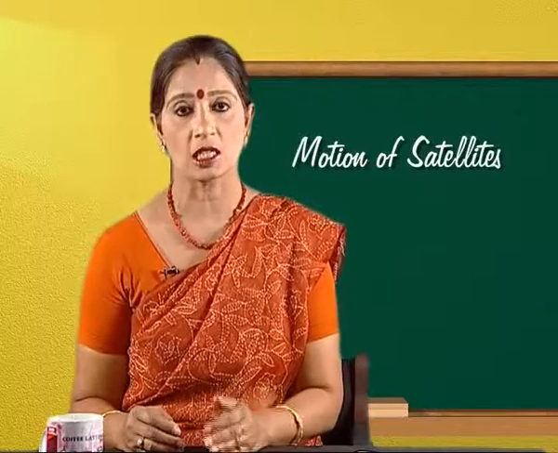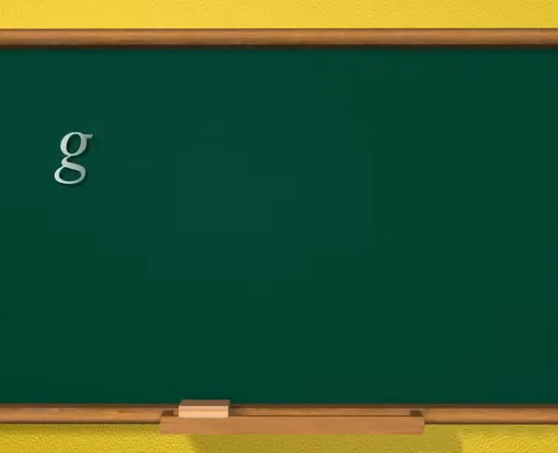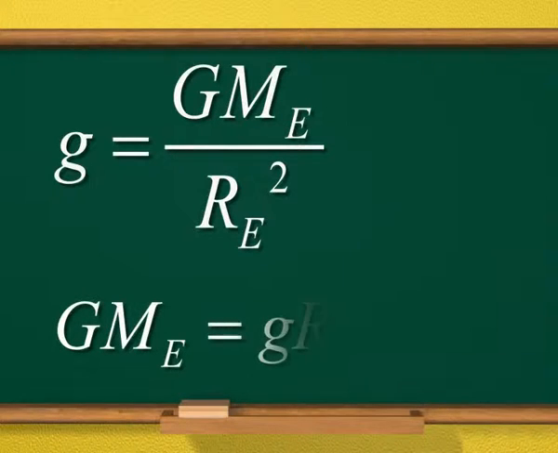We can rewrite the equation of orbital velocity in terms of acceleration due to gravity. At the surface of the Earth, acceleration due to gravity, denoted by small g, is equal to G into Me upon Re square. That is, G into Me is equal to small g into Re square.